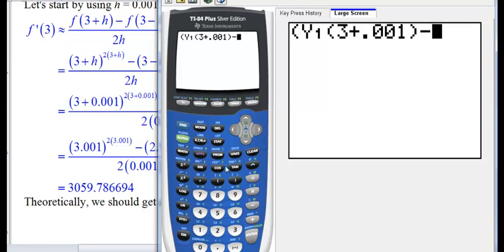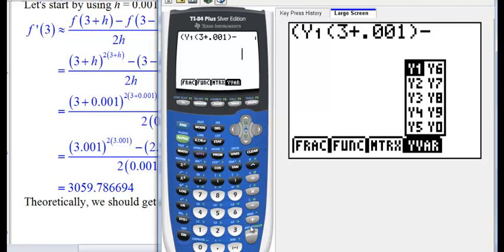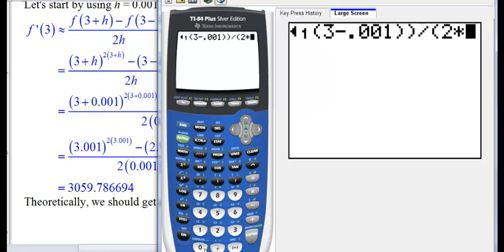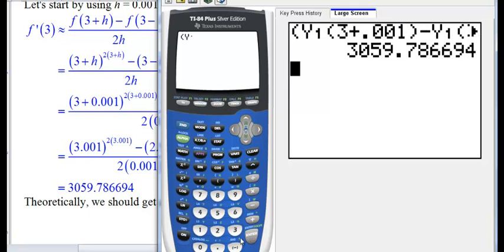And then we subtract y1 of 3 minus the 0.001, close those parentheses for the numerator, divide by 2 times the 0.001. And this should give me the same number that I got before, which you can see they match.